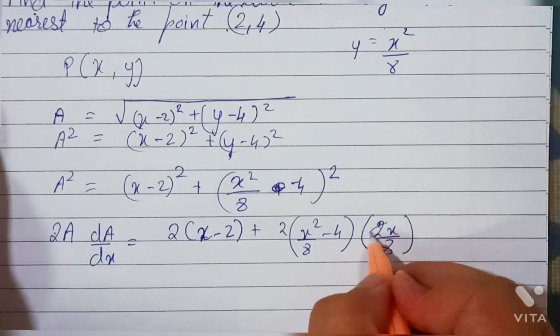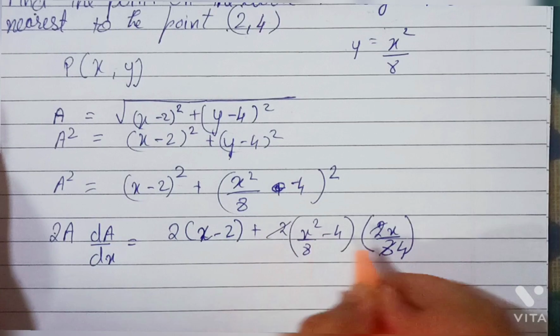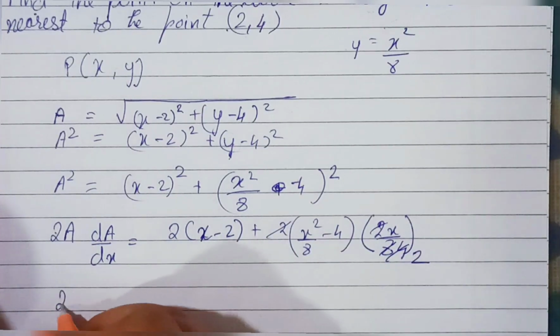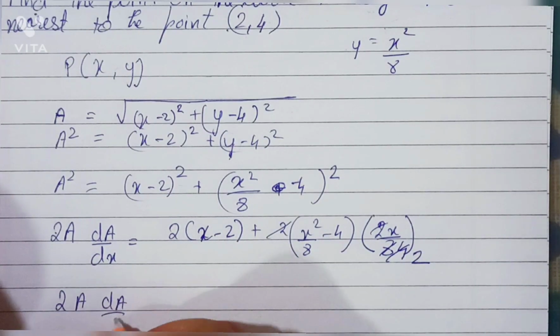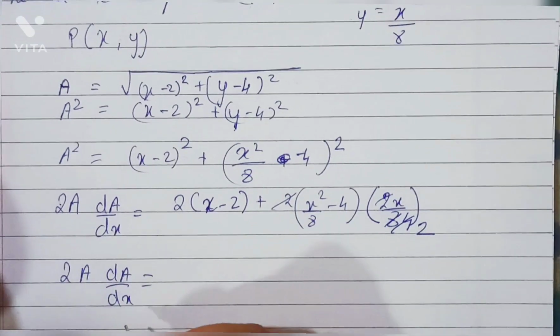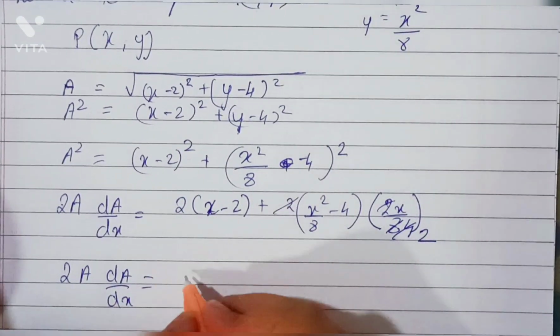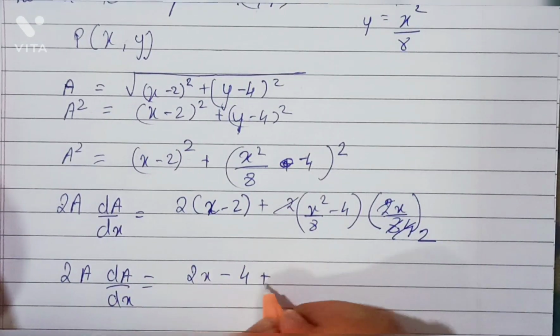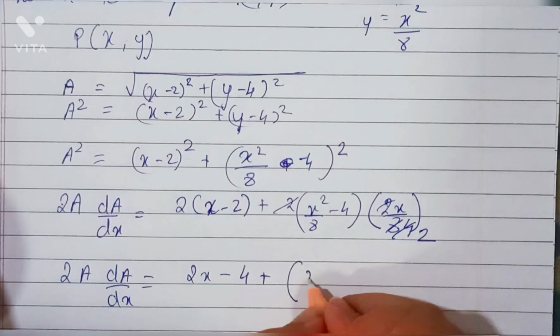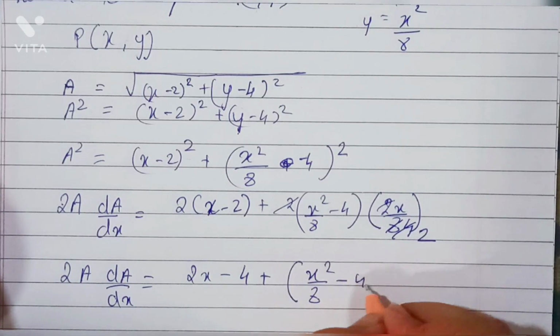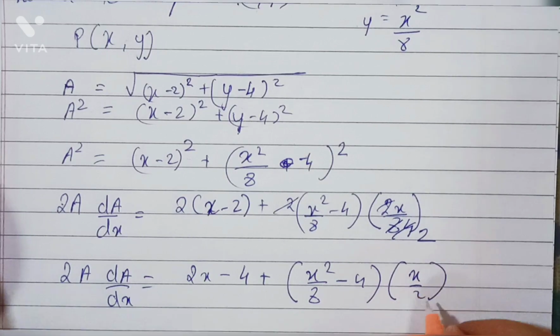Okay, so it will get cancelled, this also will get cancelled, so we'll get 2a dA by dx is equal to 2x minus 4 plus (x squared by 8 minus 4) into x by 2.